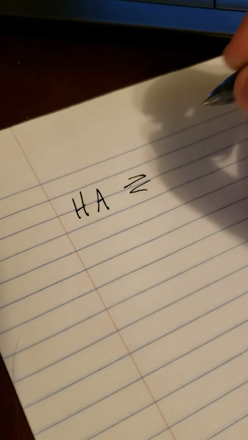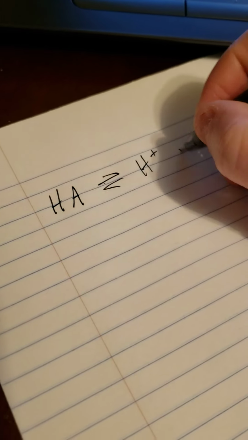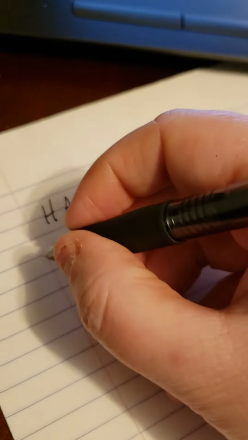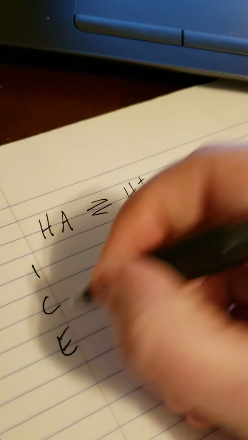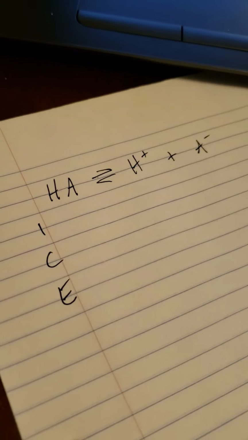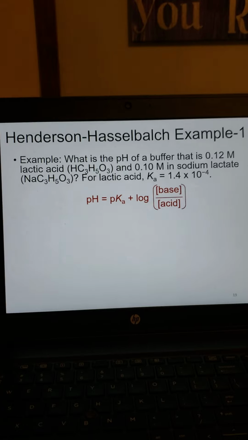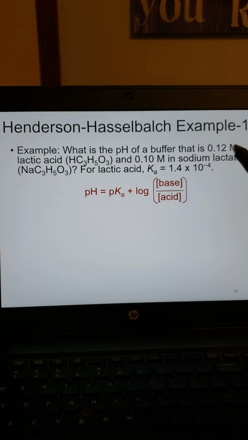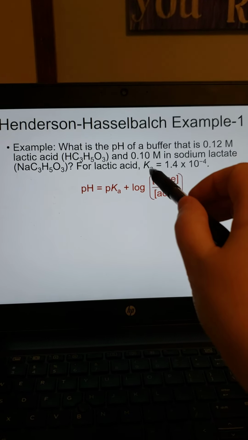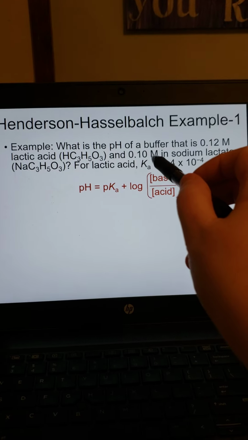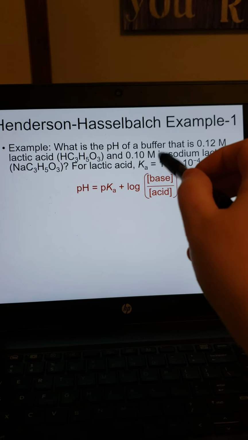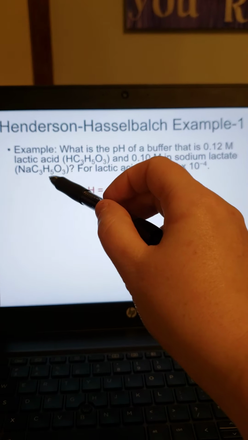All right, so starting out, we're going to use the common ion one. We have a generalized acid dissociation: HA dissociates into protons and anions, and we're starting with ICE. The initial concentration of the acid is 0.12. The initial concentration of the conjugate base is going to be 0.1 because this is an ionic compound.